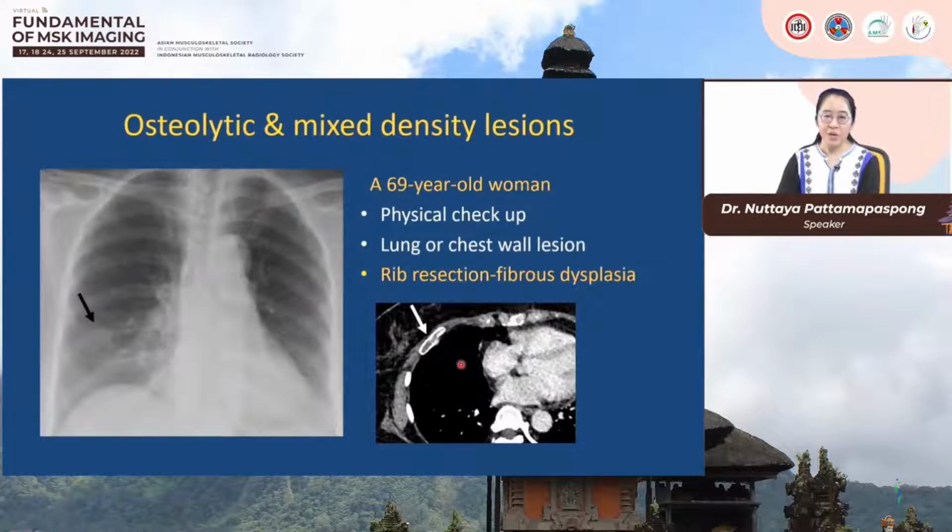Another lady came for a physical checkup and chest radiograph revealed a lung lesion, or it could be a chest wall lesion. A CT scan was performed, and she underwent rib resection because of some cortical breaking, and this turned out to be fibrous dysplasia.